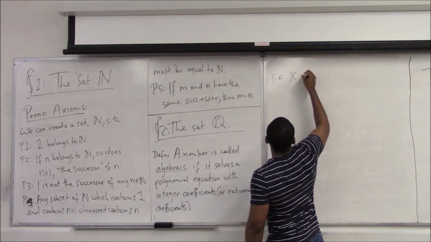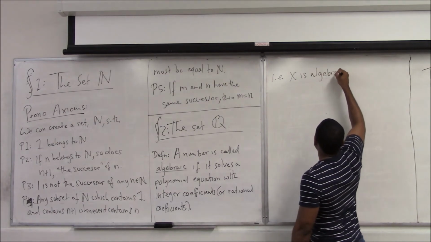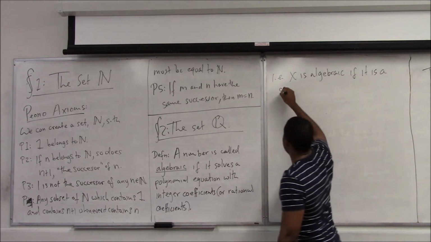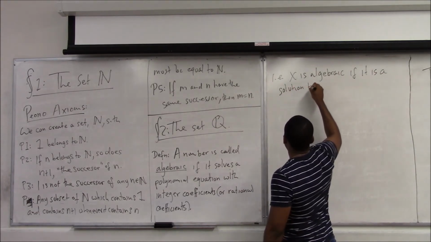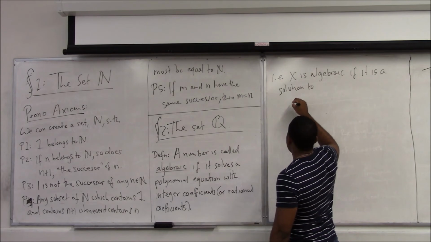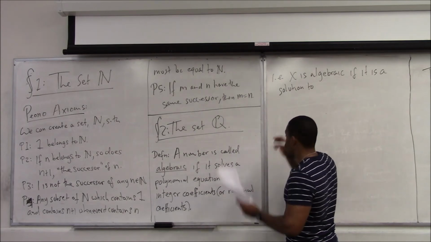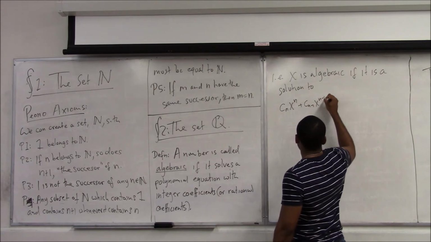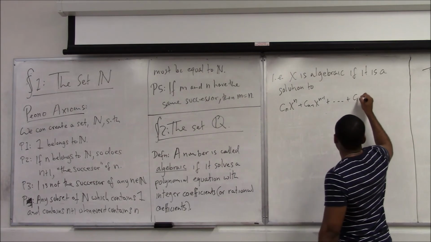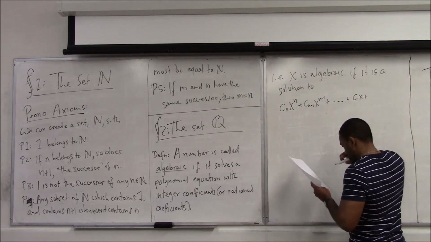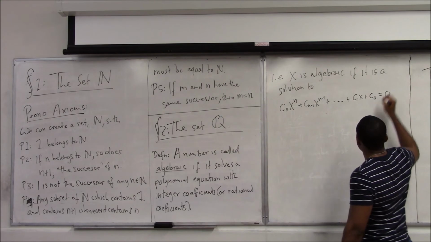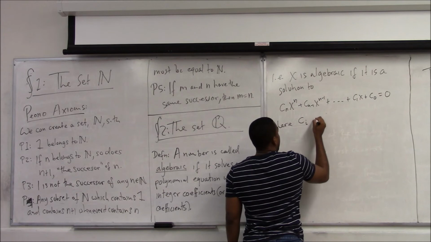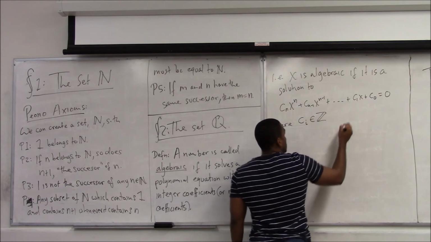That is, x is algebraic if it is a solution to C_n x to the n plus C_(n-1) x to the (n-1) plus ... plus C1 x plus C0 equals 0, where the Ci are elements of Z. These C's are A's; I think your book uses C's.